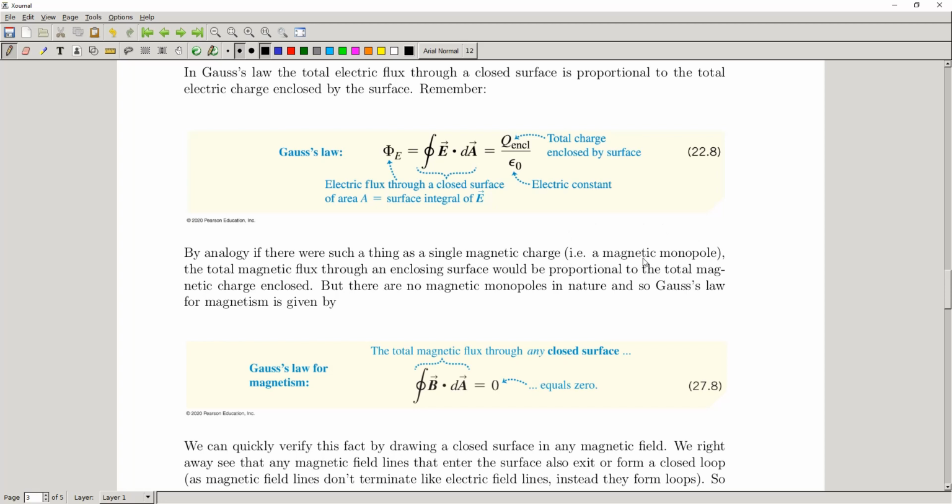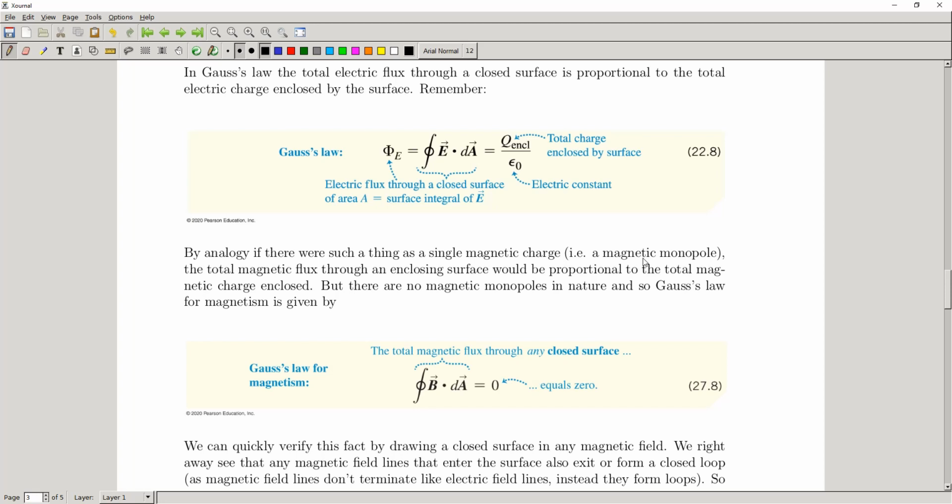And so if there are no magnetic monopoles, and if our magnetic field lines form loops, then there is no way to enclose any amount of net magnetic charge.